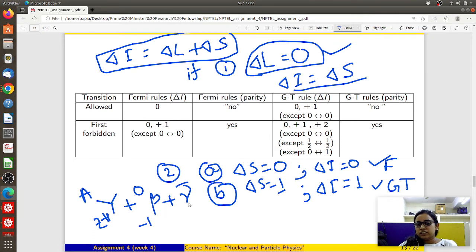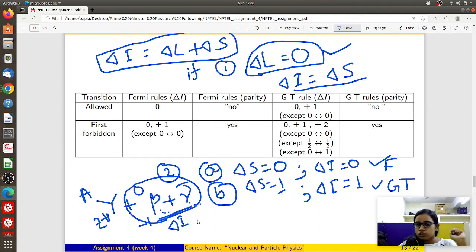So these two particles are spin half particles. We are talking about delta I. Delta I is nothing but the spin difference between the initial and final states. So we are not talking about these two particles here. Here delta I is nothing but these two contributions.